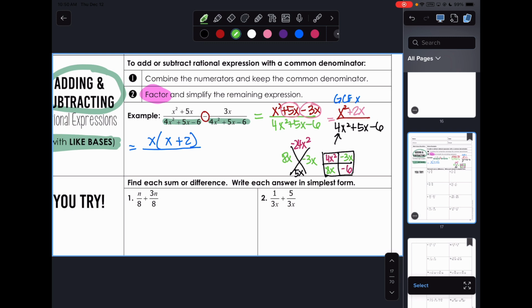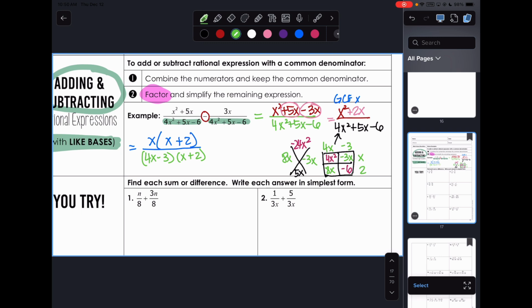Yes, you can do that if a is 1. If a is not 1, watch what factors come out of this. Okay, so we have 4x and negative 3 and x and 2. Are those the same factors? No, not even close. So make sure you guys factor all the way through if a is not 1. Okay.